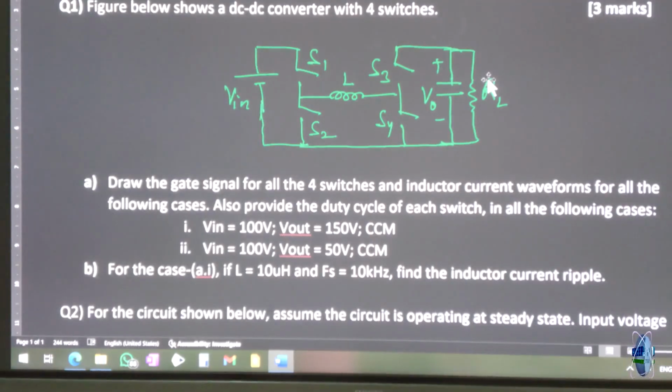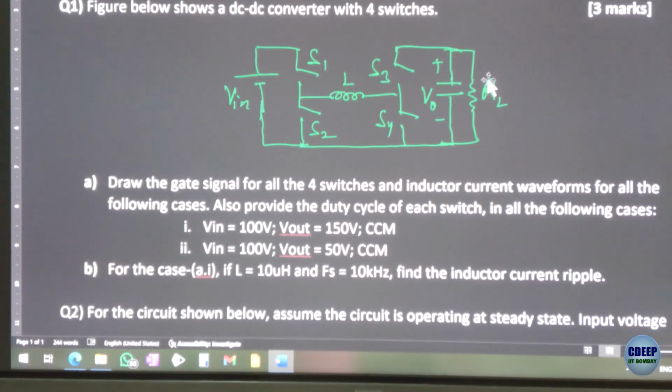In the buck boost, the output voltage is inverted; here it's not inverted. Why am I saying it's the same as buck boost? Because you can turn off this S1 and S4, right? And that would only connect the inductor to the input side. When you turn on S2 and S3, the inductor will only connect to the output side.